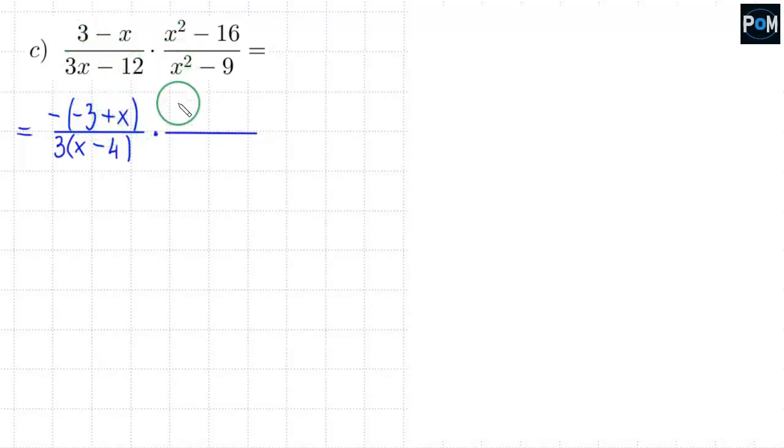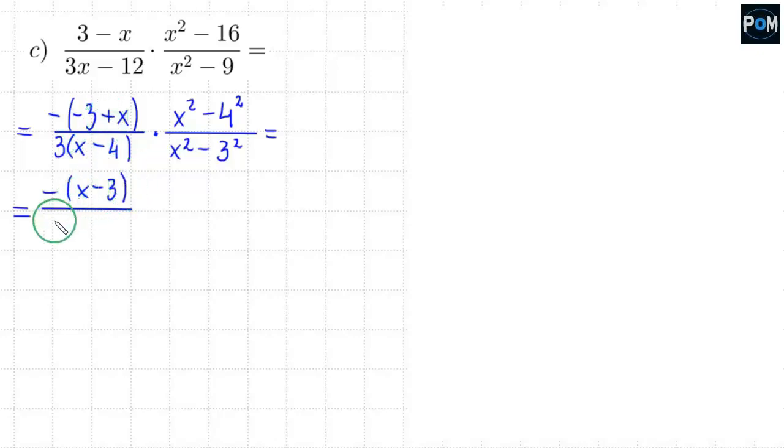On the second fraction line, I write x squared minus 4 squared, because I notice that 16 is 4 squared, and below is x squared minus 3 squared, because that is 9. Now here, inside the bracket at the top, I'll switch the order. I'll write the x first. It's a positive x, so I write x, and then I write the 3, which is negative, so minus 3.